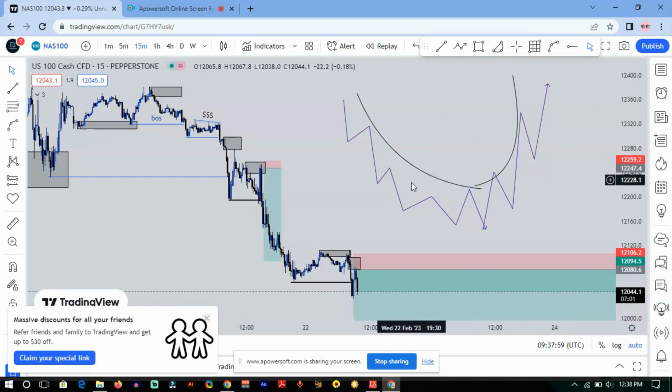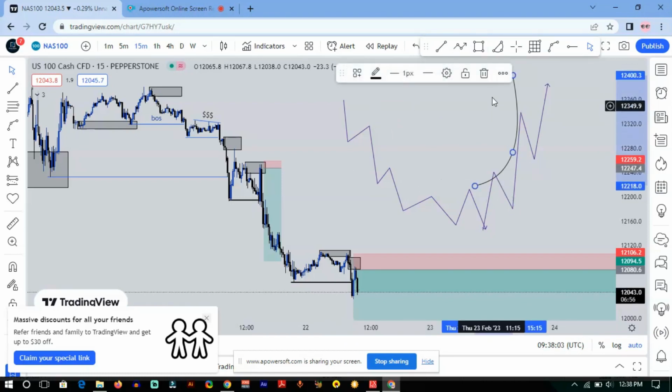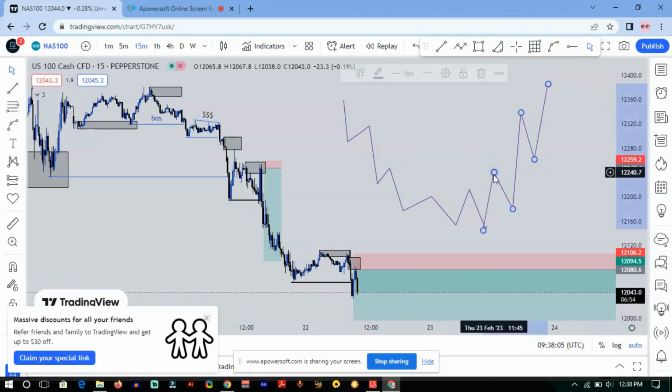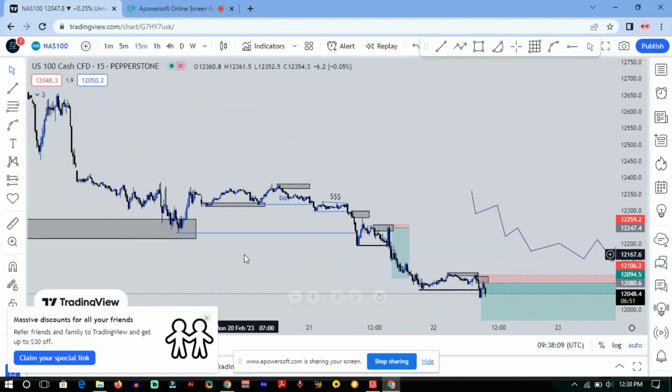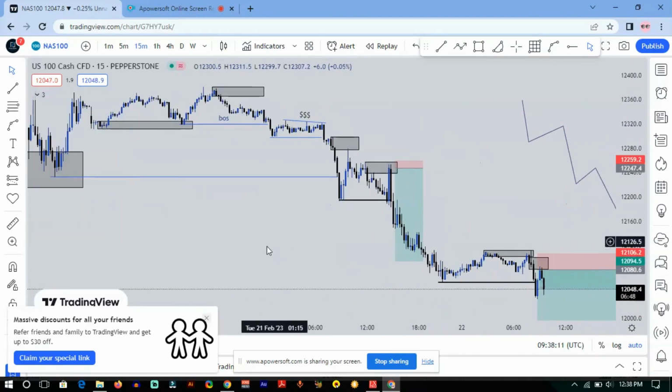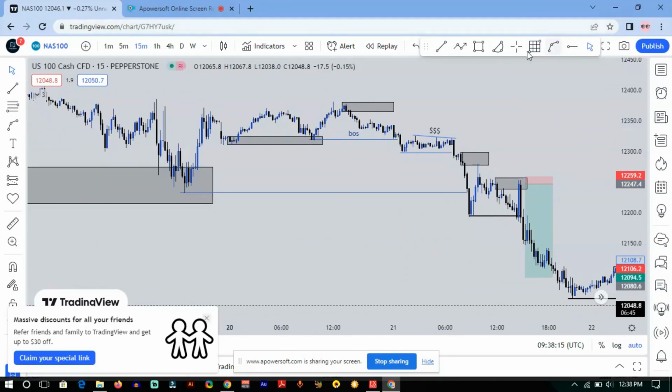Sometimes it can help us to determine our take profit points. It helps us to determine whether indeed the market is going to go in that direction or not. For instance, let me show you here on TradingView. We can see that the market moved in this area, like this. So the market created this space that you're seeing.